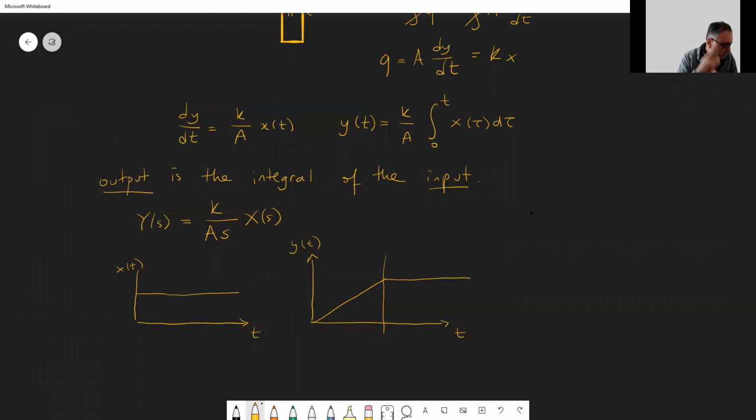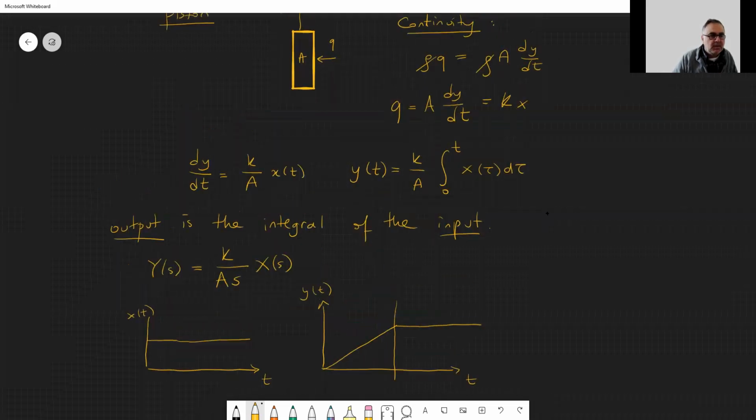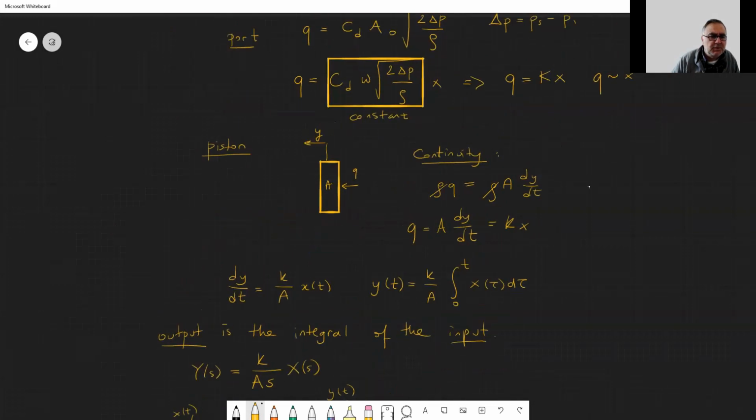The equations are valid for physical motions. Now, this is a model of our system. Output is the integral of the input, we say. And that's what we get.